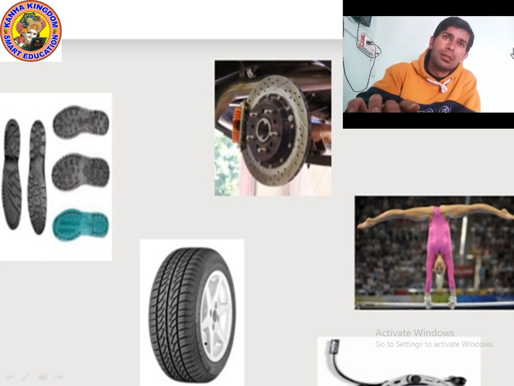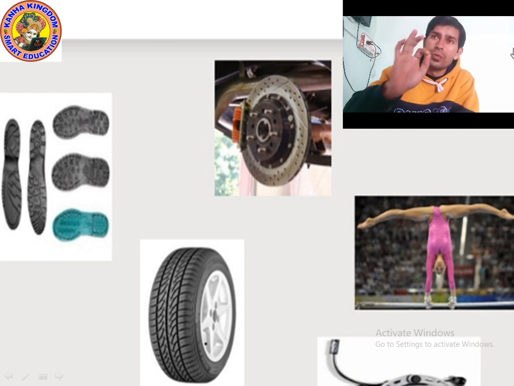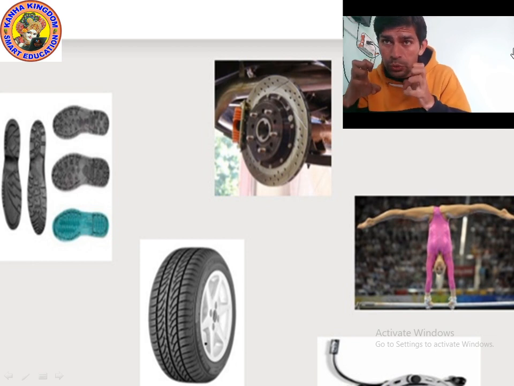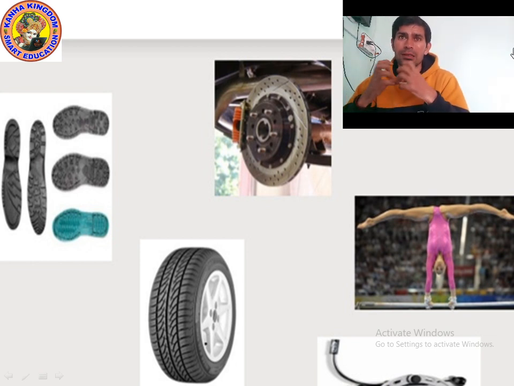And what is the main cause of friction? Friction is caused due to the interlocking of irregularities between the two surfaces which are in contact.